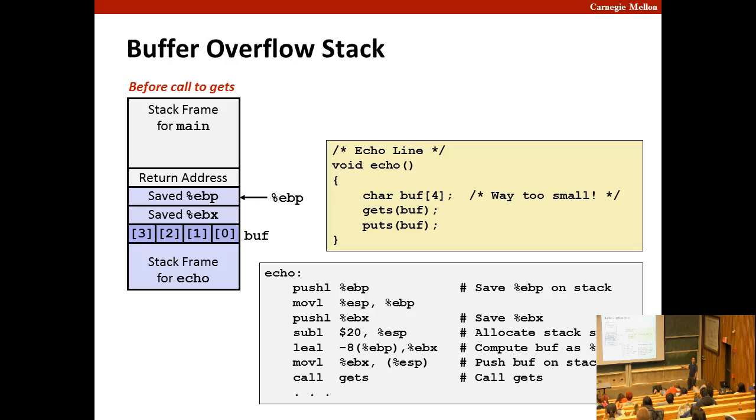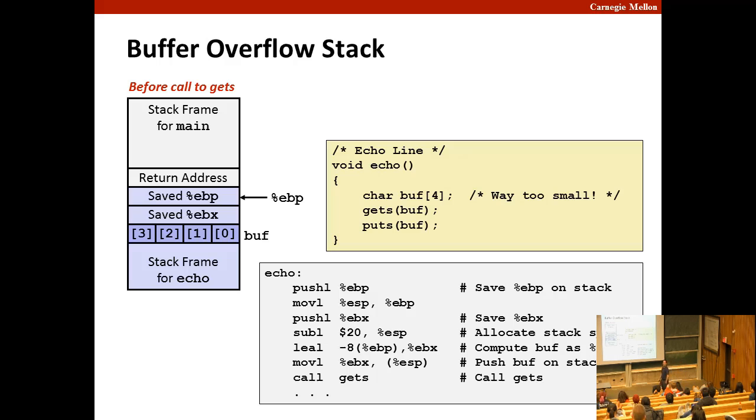Could you explain two pages ago why that seg faulted? How about we stick here for just a second? I think you'll see. Here now we have a function called echo. And now we have essentially the same code, but this time inside echo. This means that buff now is a local variable.